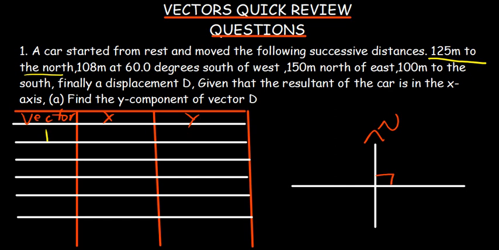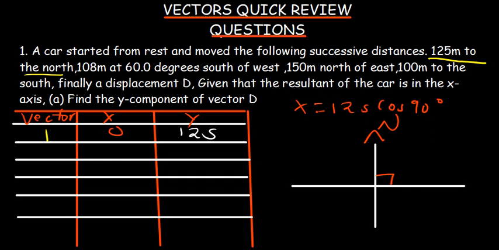If you want, you can use your formulas, where the vector itself, in this case 125, cosine 90 for your x component, which is 0. Then for your y component, 125 sine 90, which is just 125. You can even indicate that without doing the calculations, because you know it is along the north, which tells us it is along the positive y-axis.